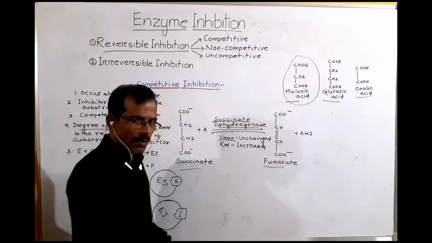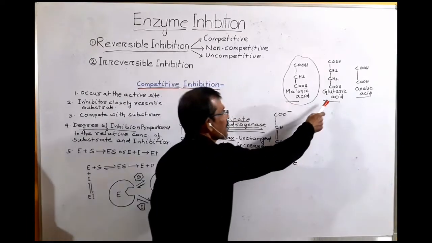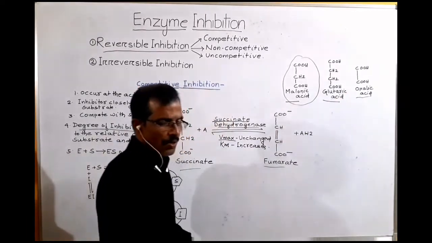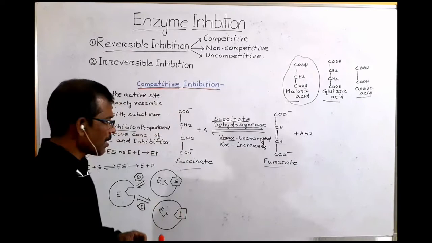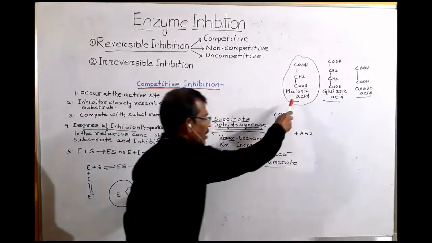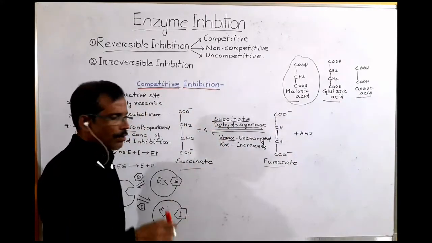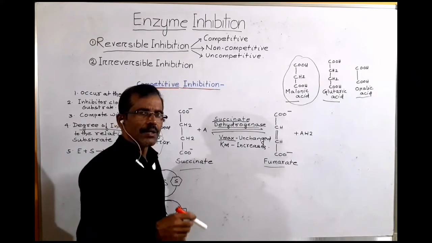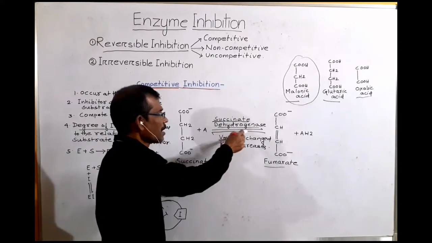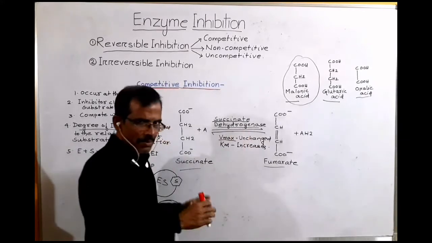There are a number of organic acids like malonic acid, glutaric acid and oxalic acid which are structurally related to succinate. Therefore, these organic acids compete with succinate for binding at the active site of the enzyme succinate dehydrogenase. As a result, this enzyme is inhibited.